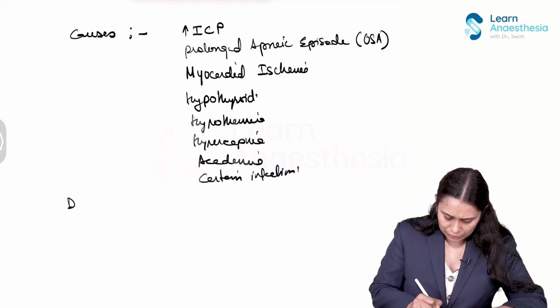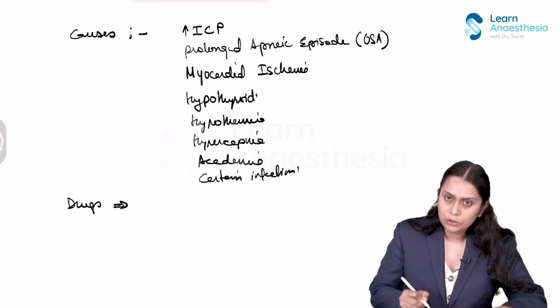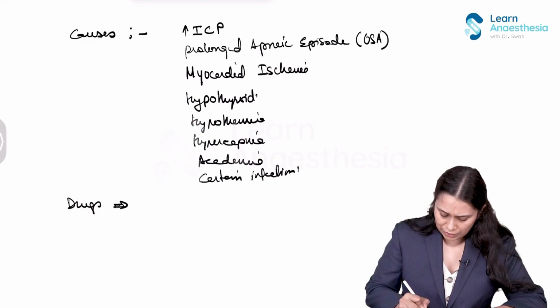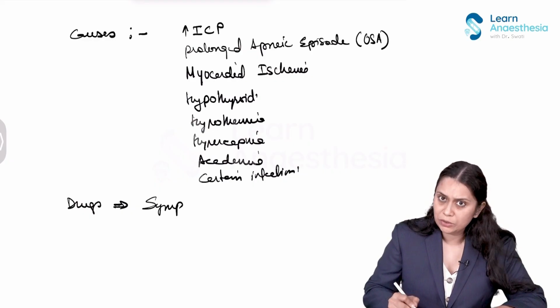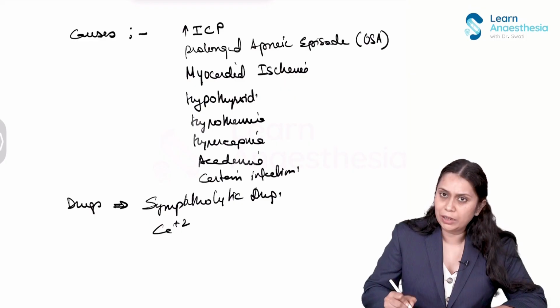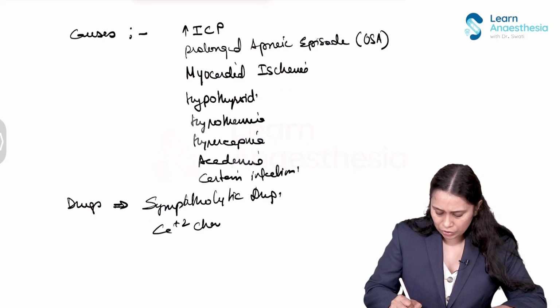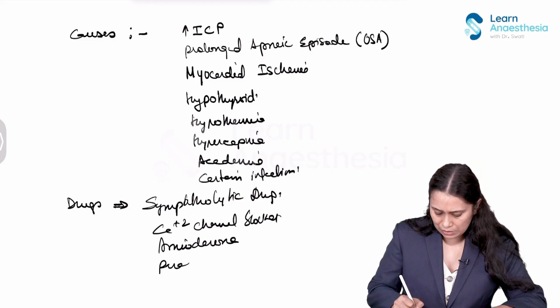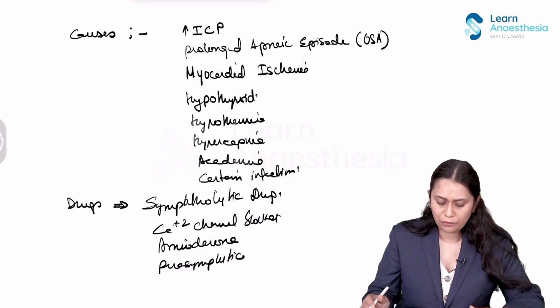Your sympatholytic drugs like clonidine, dexmedetomidine, or beta blockers, the main one. Then calcium channel blockers like verapamil, diltiazem. Then amiodarone can cause it, and then parasympatholytic agents. So a number of drugs can cause it.